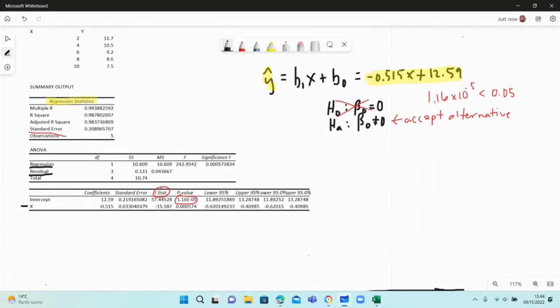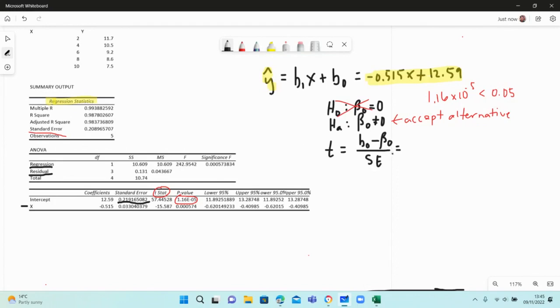If you will notice, the standard error given by this particular row is this. We can determine the value of the t-statistic by the following formula: beta naught minus beta 0 over the standard error.